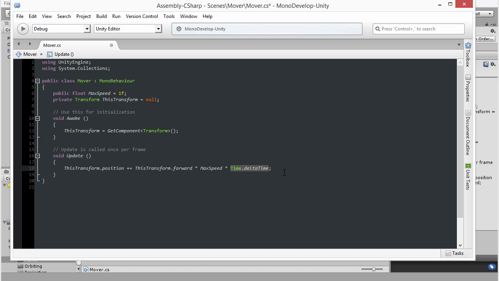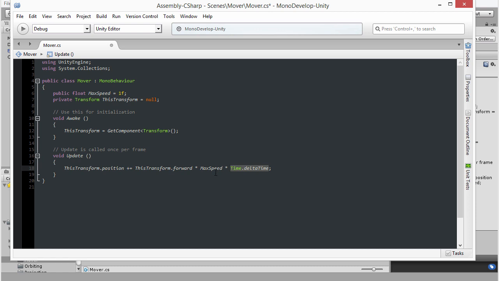Typically, on a game that is sustaining a lot of frames per second, Time.deltaTime is going to be very small. But if we imagine for a moment that the game was sustaining 2 frames per second, then Time.deltaTime would be 0.5, because half a second will have elapsed since the previous frame, since there can only be 2 frames in a second.